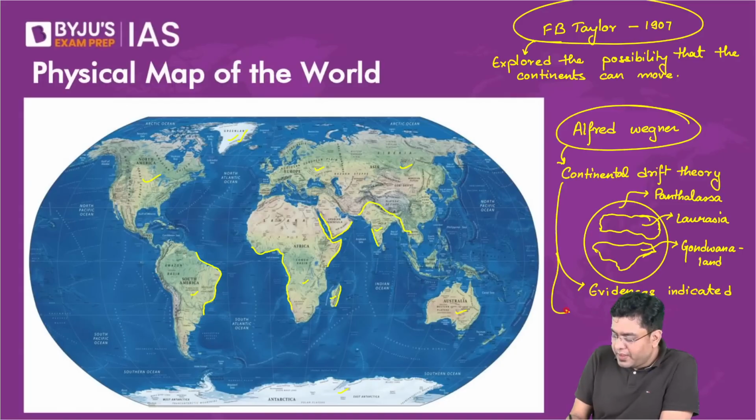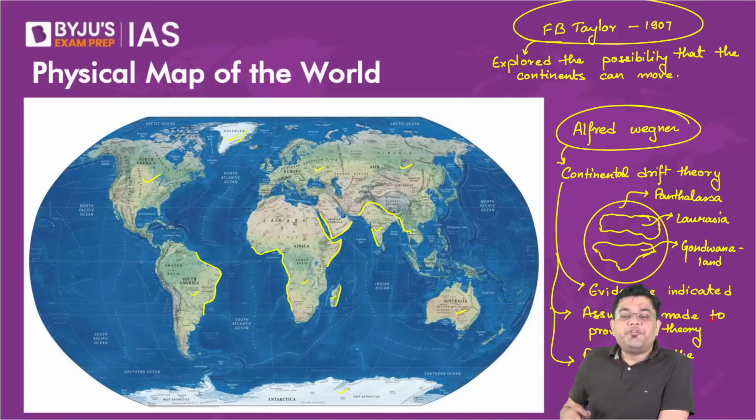Then the assumptions made to prove the theory. And also the reasons for the drift. So these are the three factors that we are going to study in detail.